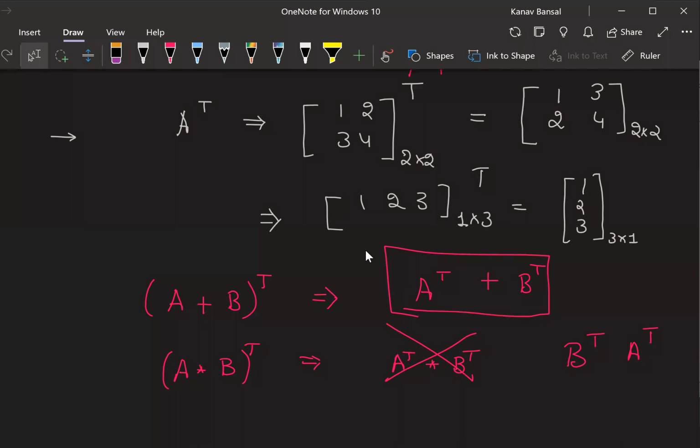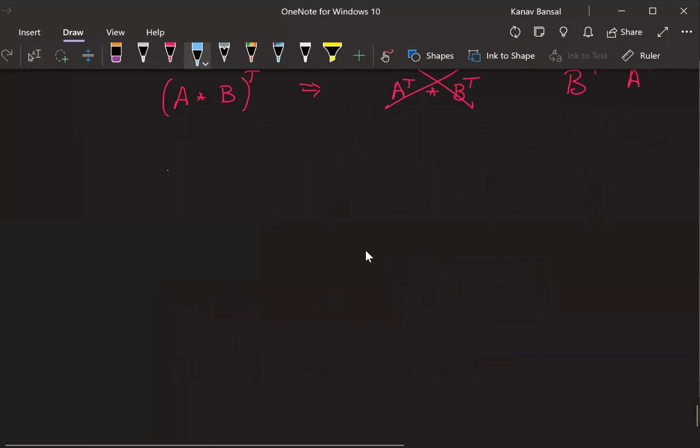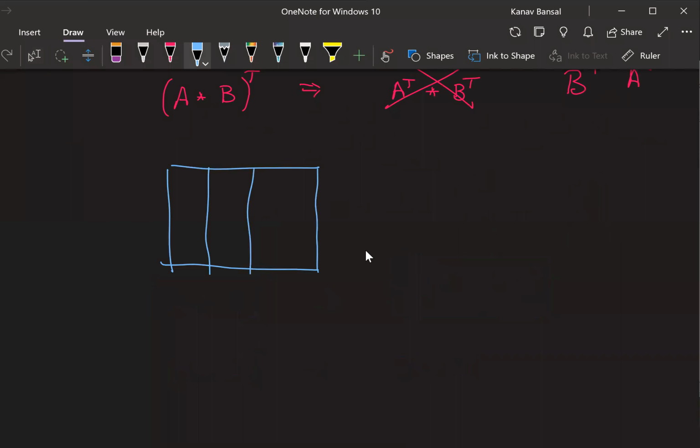Correct. Now, somebody was asking about the application of why we are learning matrices. Do you remember that when we were talking about data, whenever we talk about data, it will be present in this kind of structure, where we have some columns and some rows.